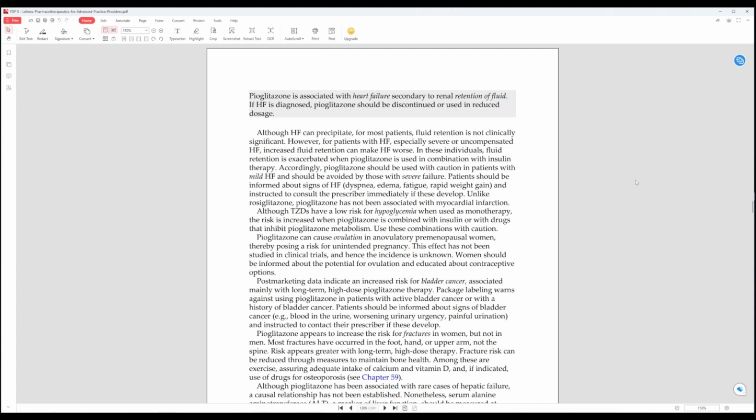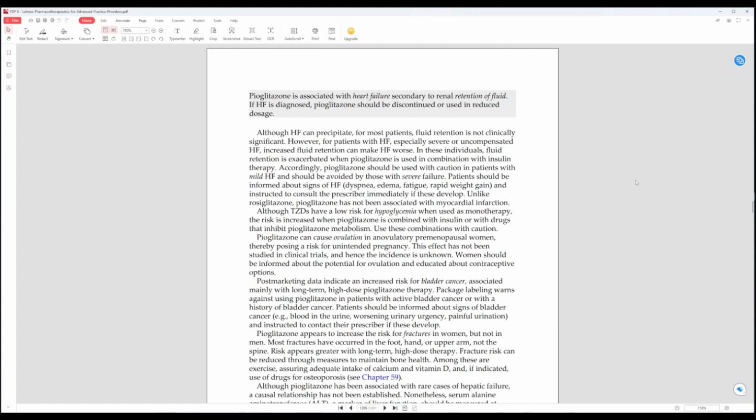Although heart failure can precipitate for most patients, fluid retention is not clinically significant. However, for patients with heart failure, especially severe or uncompensated heart failure, increased fluid retention can make heart failure worse. In these individuals, fluid retention is exacerbated when pioglitazone is used in combination with insulin therapy.